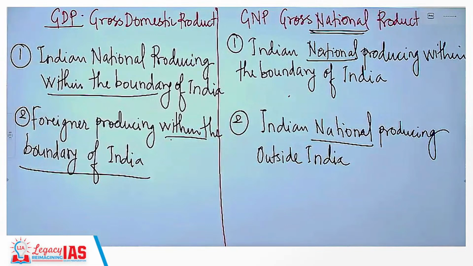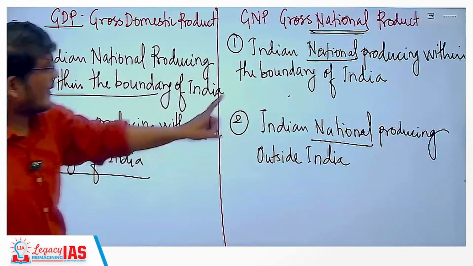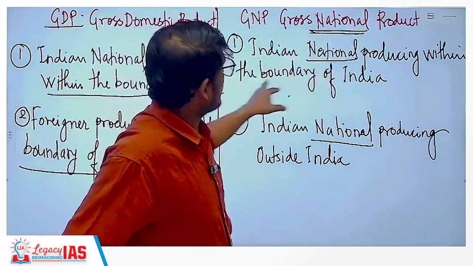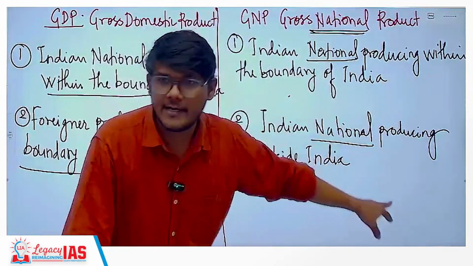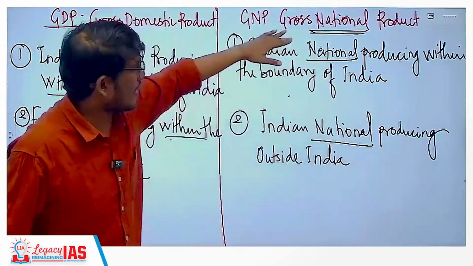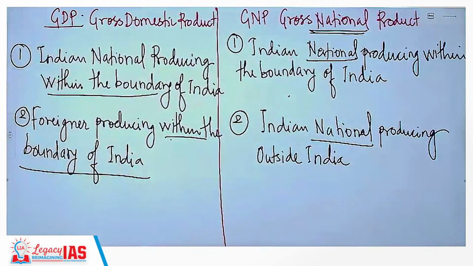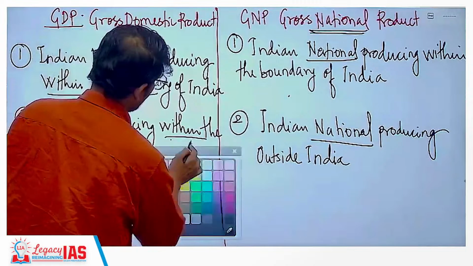With respect to within the boundary, an Indian national can produce within the boundary, a foreigner can produce within the boundary. Correct? With respect to Indian national, an Indian national can produce within India, outside India. Okay? So when you write these two components, you get a common factor. What is that common factor?